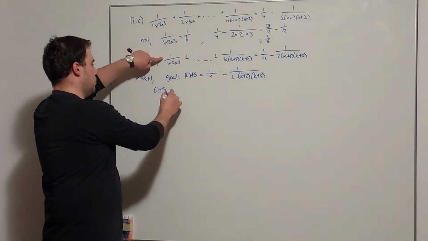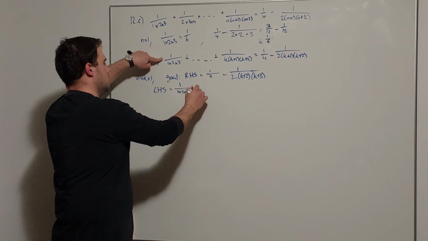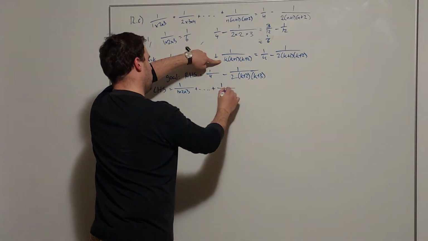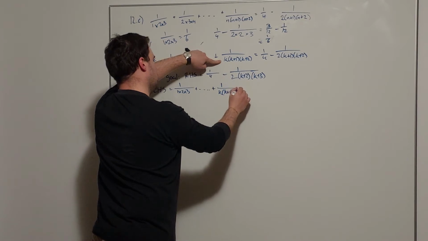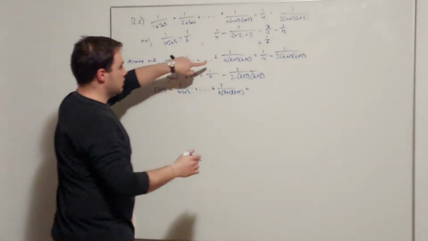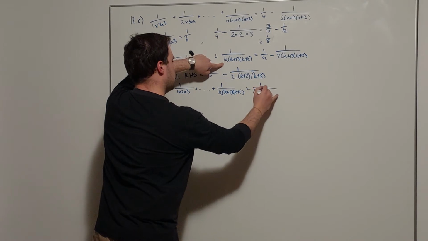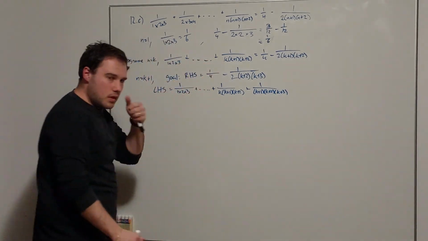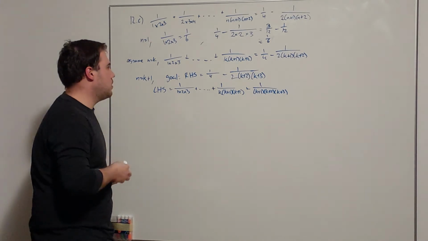We're going to have 1 on 1 times 2 times 3 plus, blah blah blah, plus this term 1 on k plus 1, k plus 2, plus then the k plus 1th term, that's going to be 1 on k plus 1, k plus 2, and k plus 3.